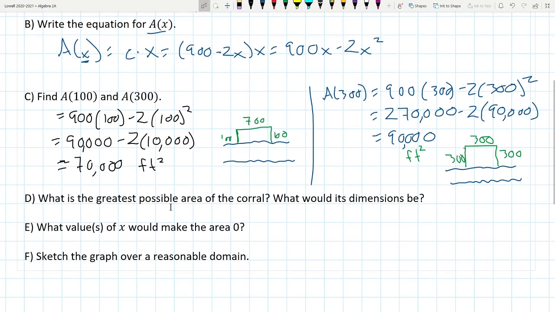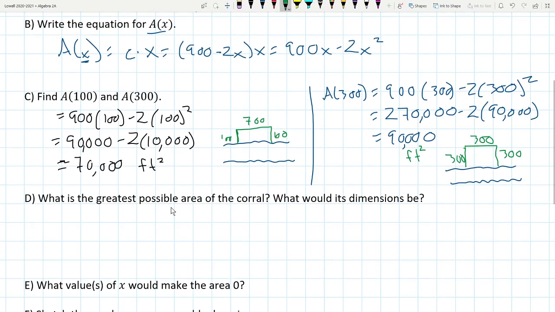A is a function of x, and I'm going to rearrange the equation like so: negative 2x squared plus 900x. The reason I did this is because now it's really clear that our A value is negative 2. What's the point of doing that?